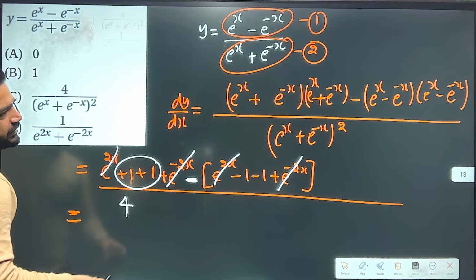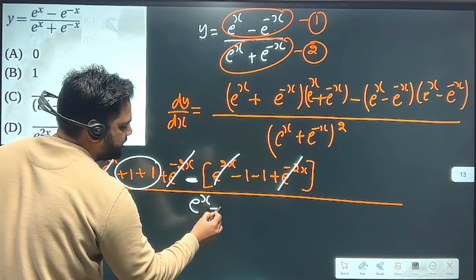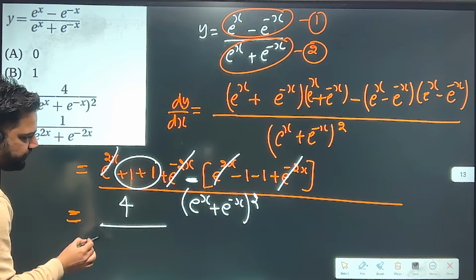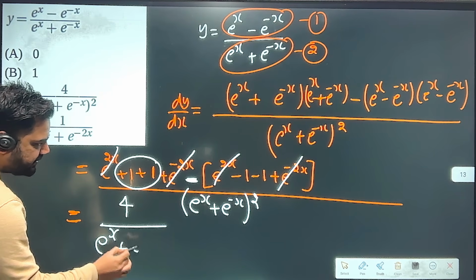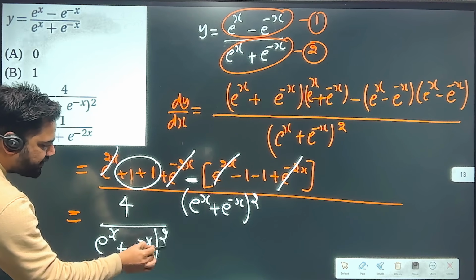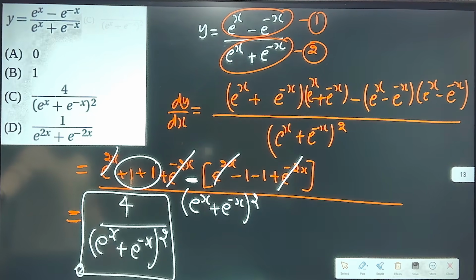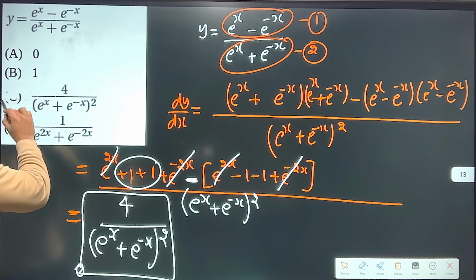And we have forgotten the denominator part: it is (e power x plus e power minus x) square. So the answer is 4 upon (e power x plus e power minus x) square. C option is correct.